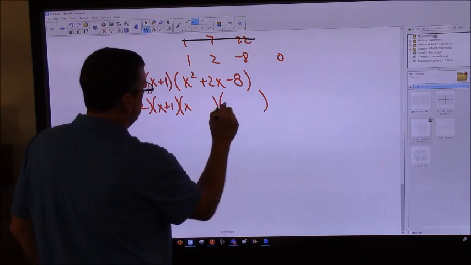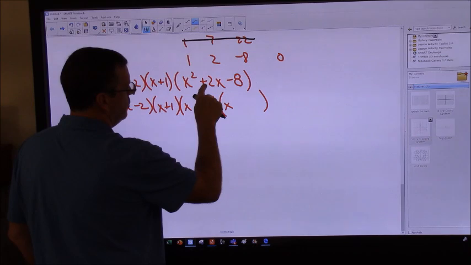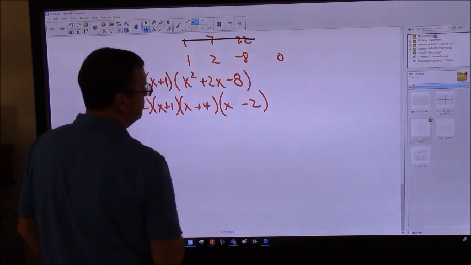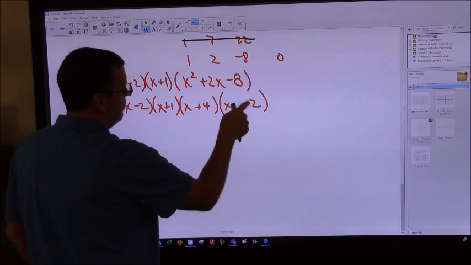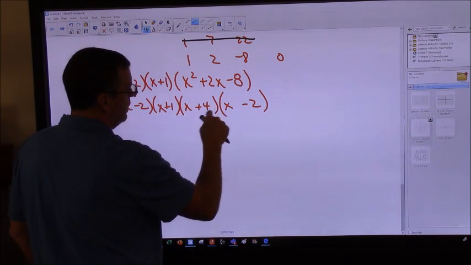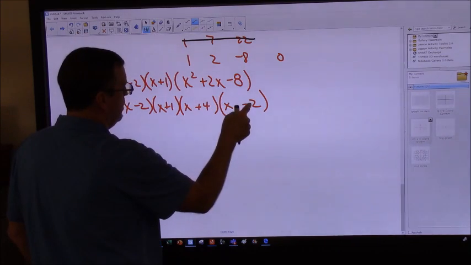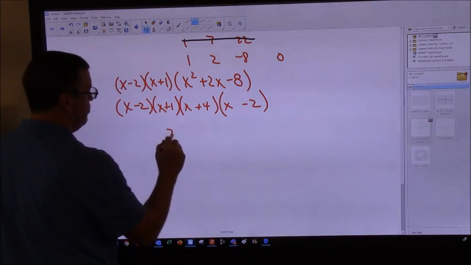This will be x times x. 2 numbers you multiply, you get 8, and subtract to get a positive 2. That's got to be a positive 4 and a negative 2. So x squared, that's this term, minus 2x plus 4x, that adds up to these. And then a negative 2 times 4, that's a negative 8. So there it is.